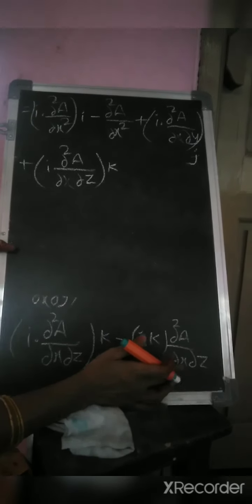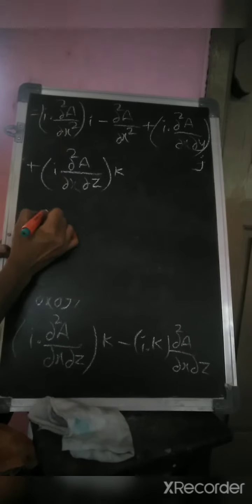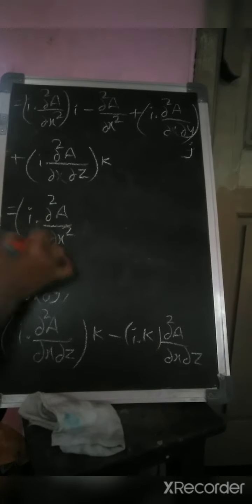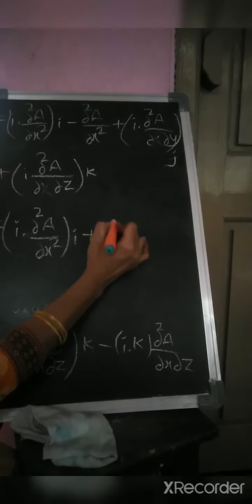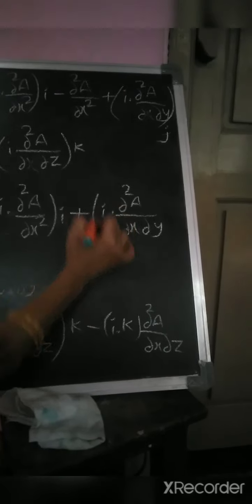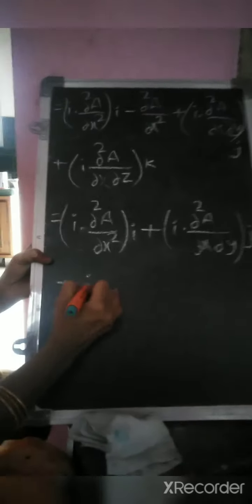So 0 into something is 0, so this total value is 0. We can neglect this value. Next plus i dot ∂²A/∂x∂z into k. Here also i dot k is 0, 0 into something is 0, so we can neglect this value. So we can write as i dot ∂²A/∂x² into i. So this is lost we can write.